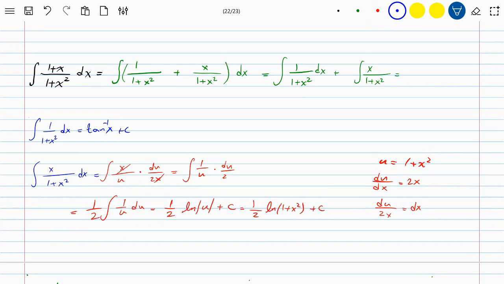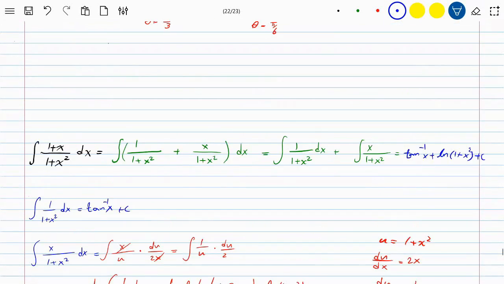So now what is the answer to this question? It should be tan inverse x plus 1/2 ln of 1 plus x squared plus some constant. So sometimes it is tricky that you need to break up the integral into multiple parts, and some parts may require substitution, some may not. This was an example of those.